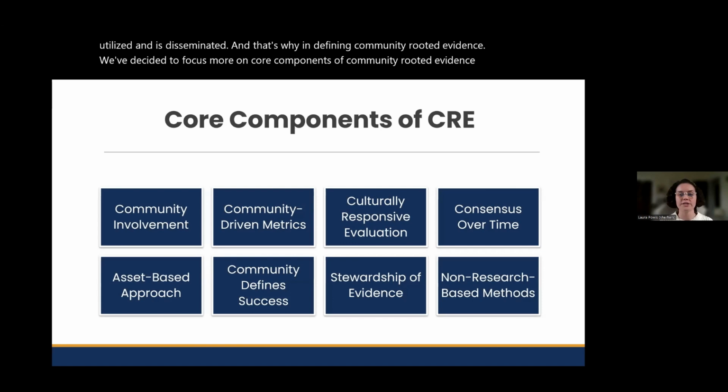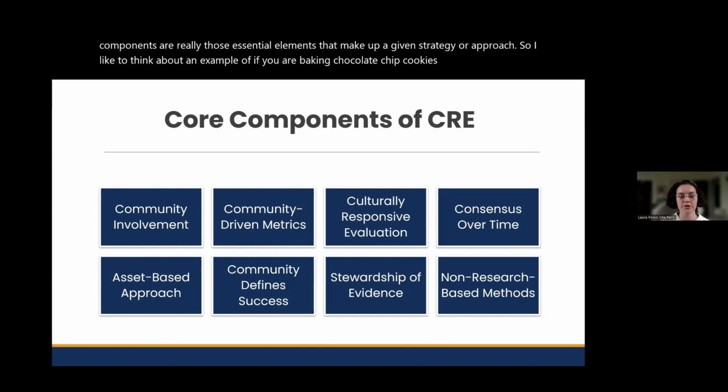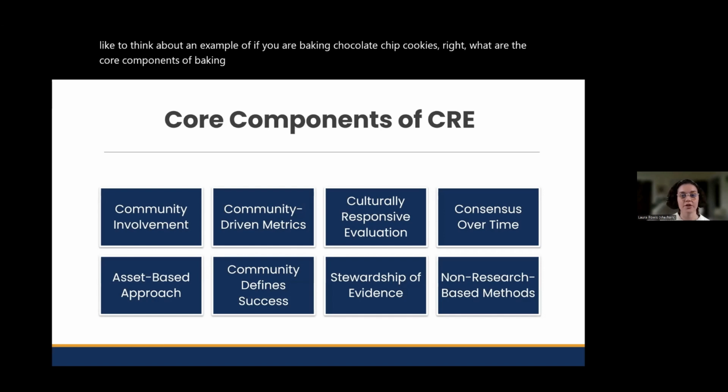So core components are really those essential elements that make up a given strategy or approach. I like to think about an example of if you are baking chocolate chip cookies, right? What are the core components of baking chocolate chip cookies? You're going to need some sort of an oven, some sort of heat source that's going to allow you to cook that. You're going to need some surface to cook them on. And then you're also going to need your ingredients, right?